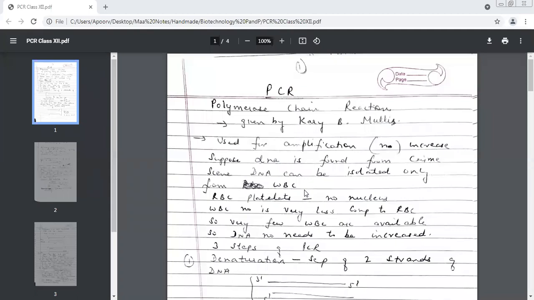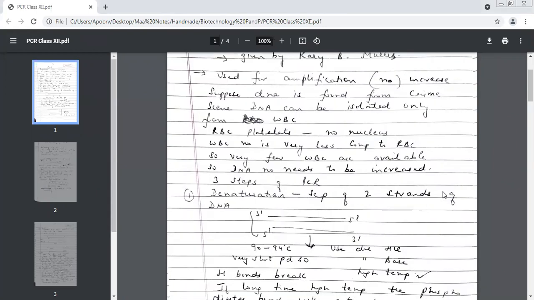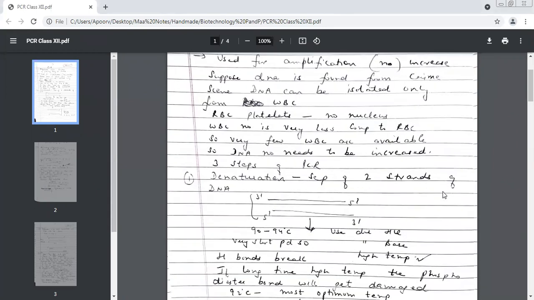Yes, beta. But there is one problem. The number of WBCs is very, very less as compared to the RBCs. So very few WBCs are available. So the DNA number has to be increased. What we need to increase is the number of DNA copies. So we got this reaction. What is the name of the reaction? Polymerase chain reaction. Yes. So I hope everybody's understood why we use polymerase chain reaction to make multiple copies of the DNA.